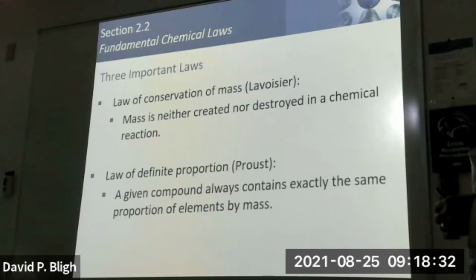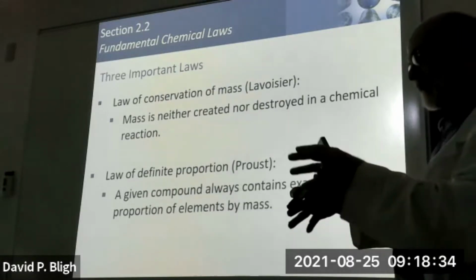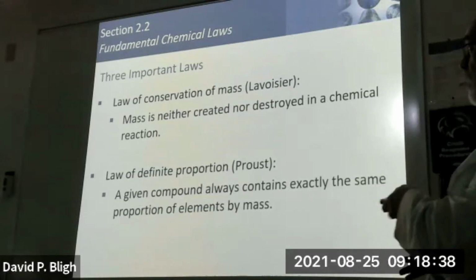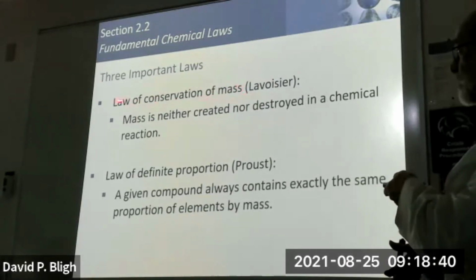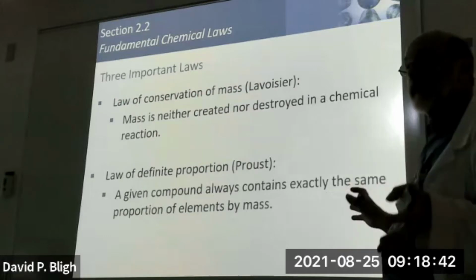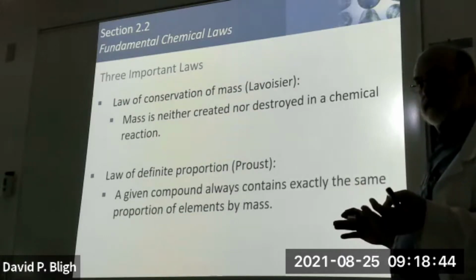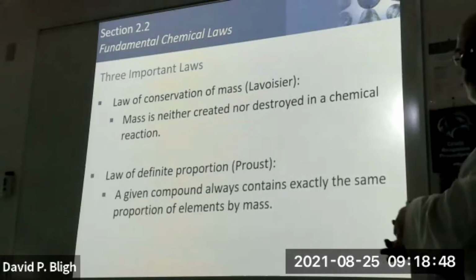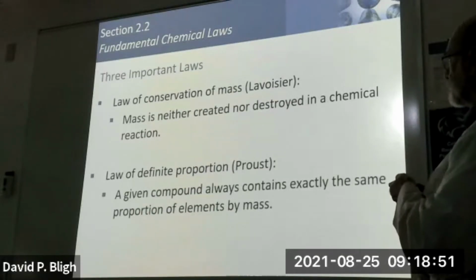You have the same mass of reactants as products during a chemical reaction. That's the law of conservation of mass. Remember, laws, you don't have to explain why they work. It just says, this is what happens. It's a descriptive expression of what happens.